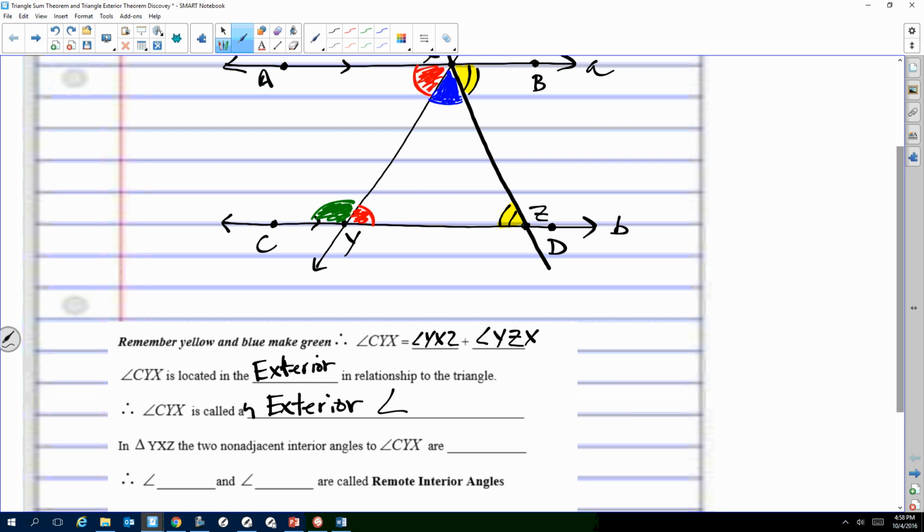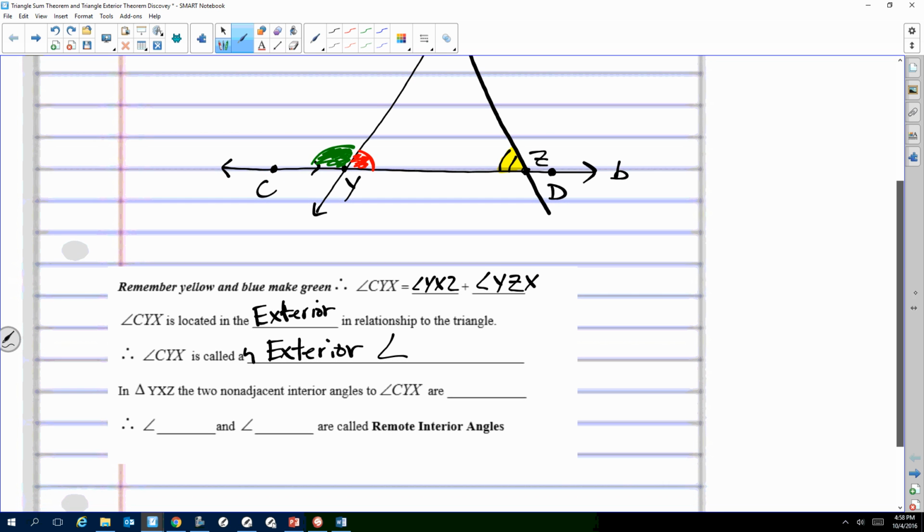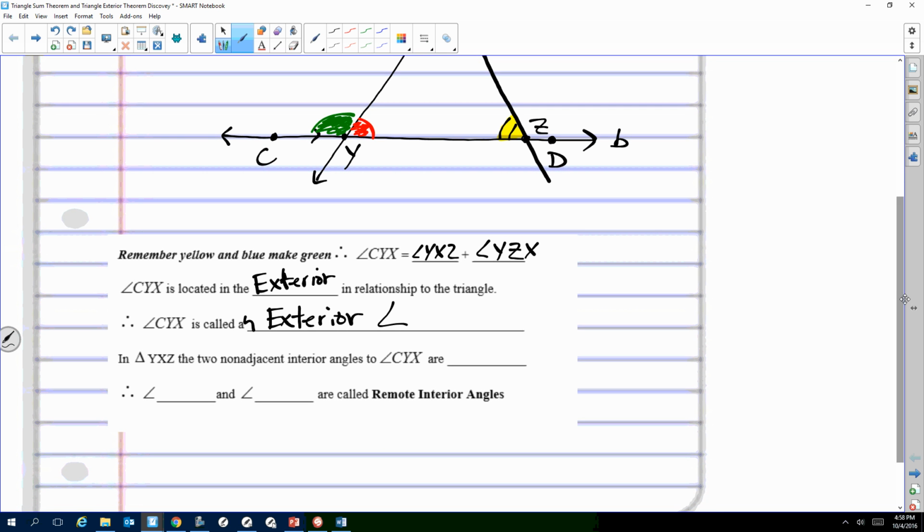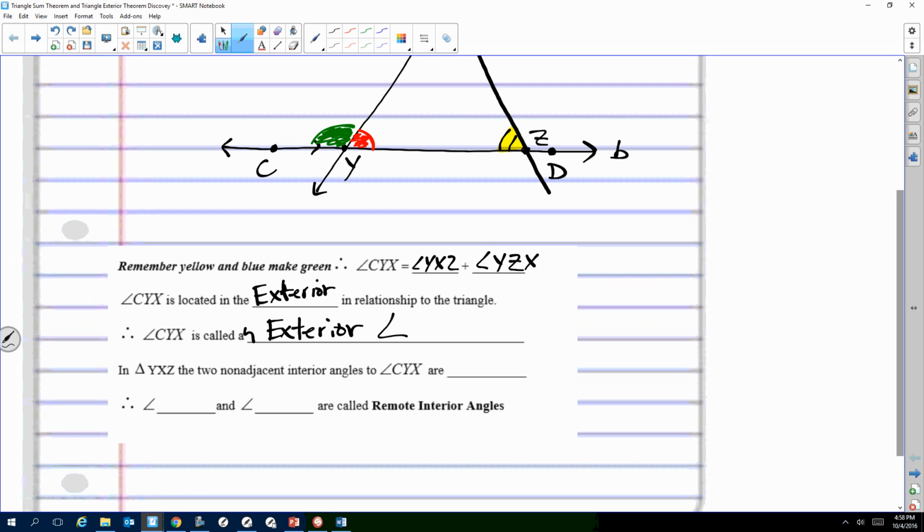So that would be our angles, angle YXZ and angle YZX. Oh, I forgot, that goes here too. These are called remote interior.